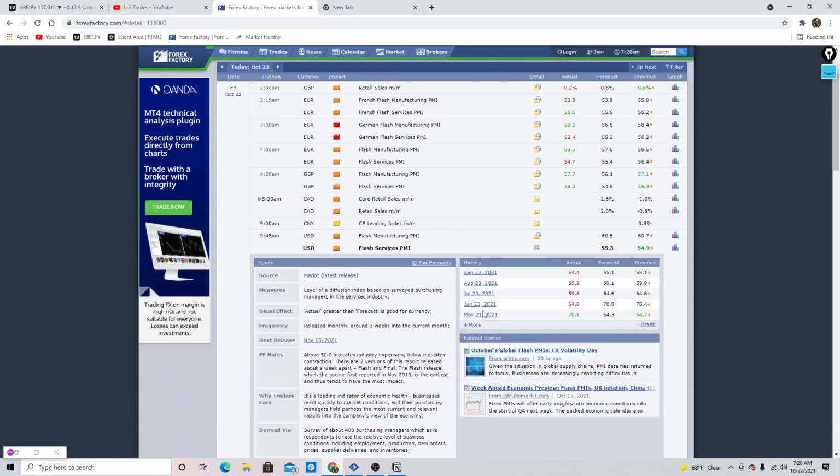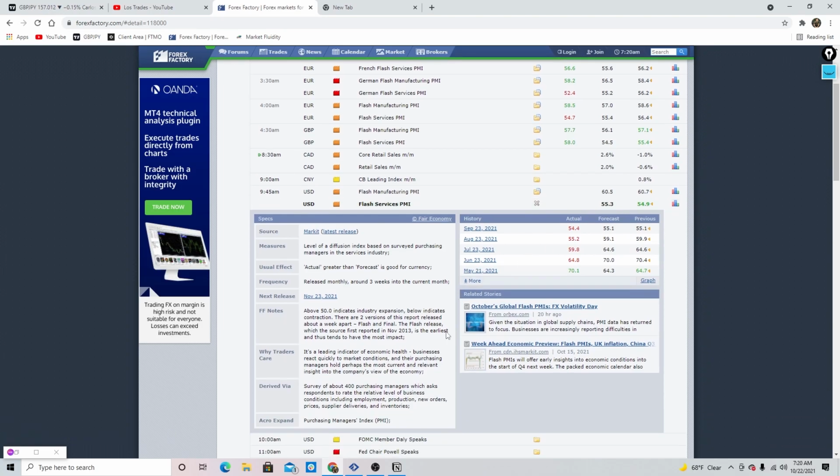Level of diffusion index based on service surveyed purchasing managers and service industry. Actual greater than forecast is good for currency. So if the number in this column is greater than this one, that means it's good for currency. Above 50.0 indicates industry expansion, below indicates contraction.